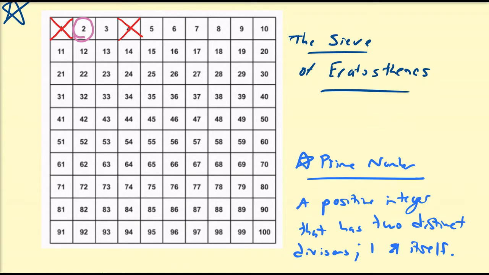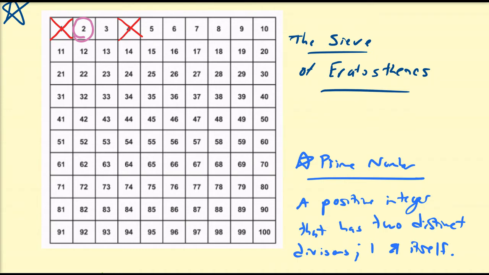It's divisible by 1, it's divisible by itself, 4, and it's also divisible by 2. So every even number larger than 2 is divisible by 1, 2, and itself. So 2 is clearly the only even prime, and all the multiples of 2 are not going to be prime.